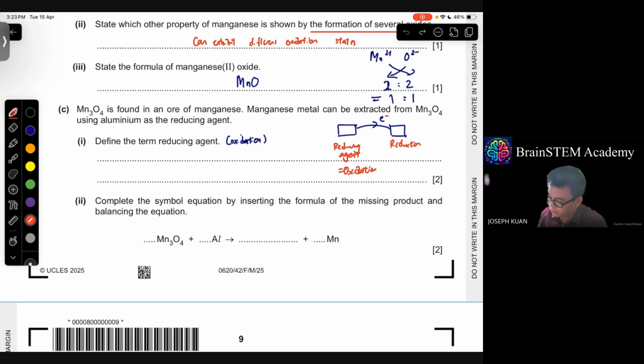So to define it, we just have to say it undergoes oxidation by donating electrons. Or should I say, a substance that undergoes oxidation by donating electrons to others, causing reduction in another chemical.